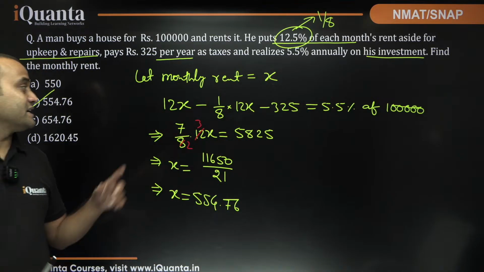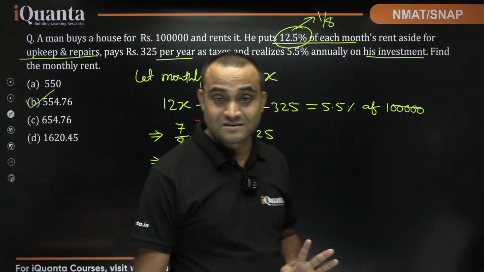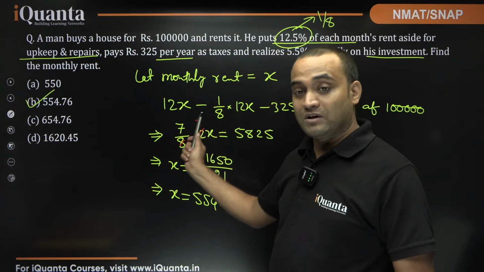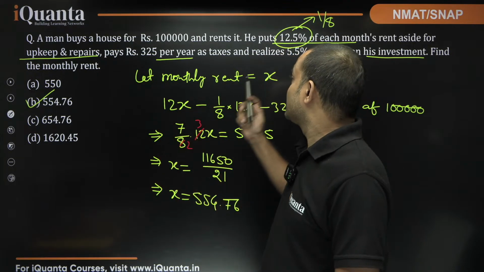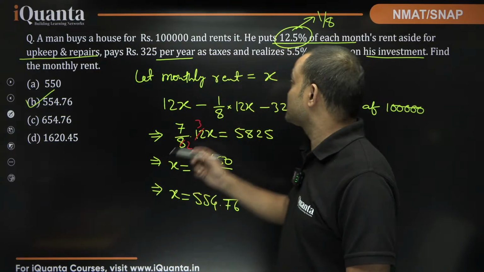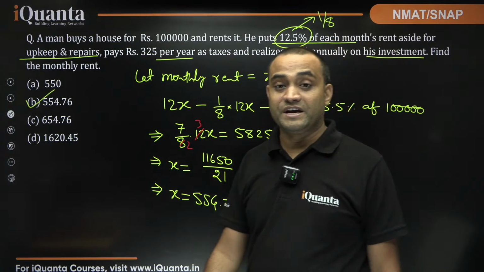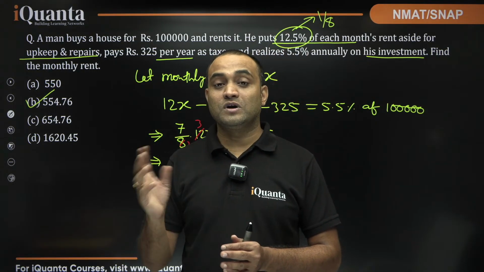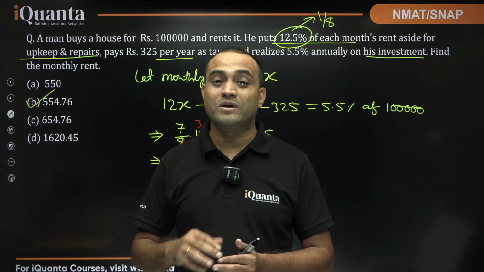Priyam, I have taken the monthly rent as x. So in 12 months, in 1 year, total rent will be 12x, right? And 12.5% of each month's rent is 1 by 8, so for 12 months, 12x into 1 by 8.